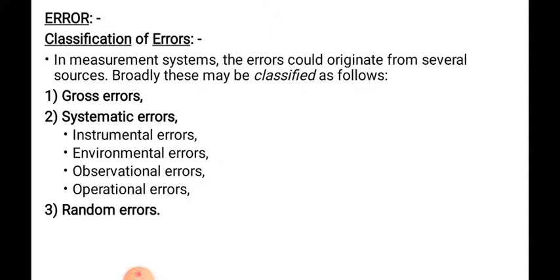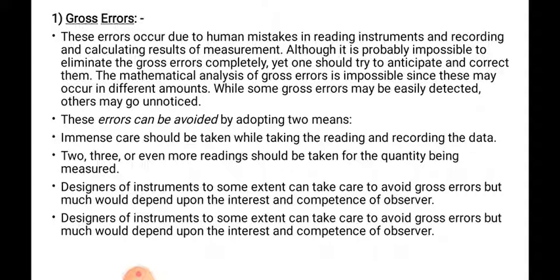The first type of error is the gross error. These errors occur due to human mistakes in reading the instrument, recording, and calculating the result of the measurement. While measuring, whatever mistake is made by the human or operator in reading, recording and calculating results is a gross error.